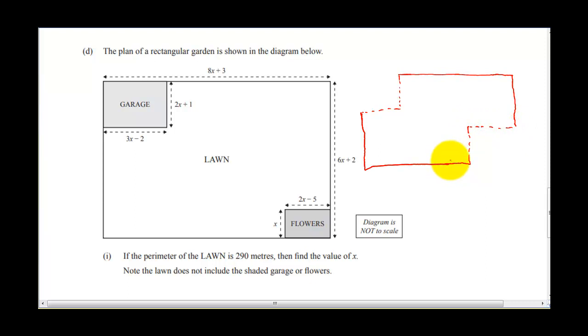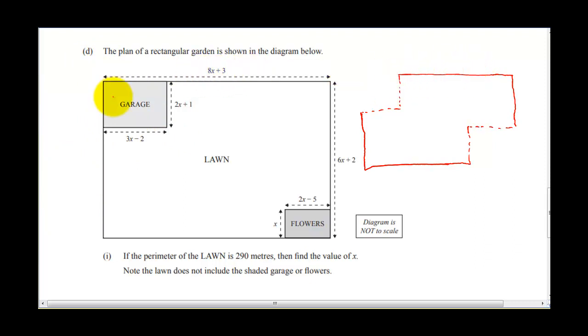Okay, so this is what our shape looks like. Now, the thing about this is, if you recall from the diagram that is being shown, the length here is 8x plus 3, but here we don't have 8x plus 3.